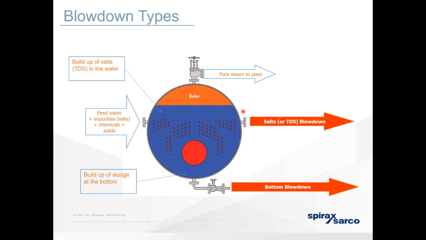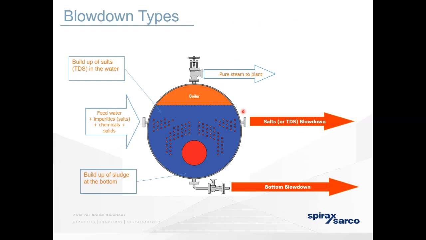So, blowdown types. There is the build-up of salts, which is your TDS, total dissolved solids in water. In the feed water you have impurities, again salts, chemicals and solids that you get from your return tank or your feed tank. Sludge builds up at the bottom, which is a mixture of the captured elements from your chemicals, but also general wear and tear on your system.